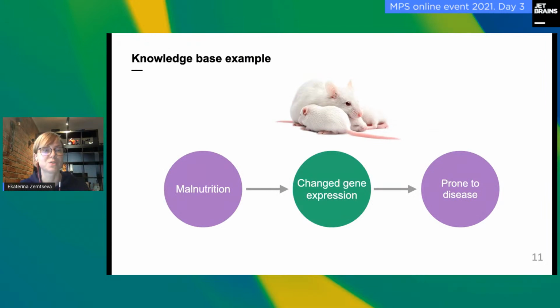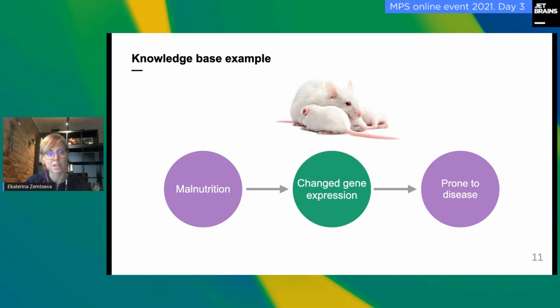I would like to show you a simple example. Here, I specified a context, said that the organism is mouse, and described processes.